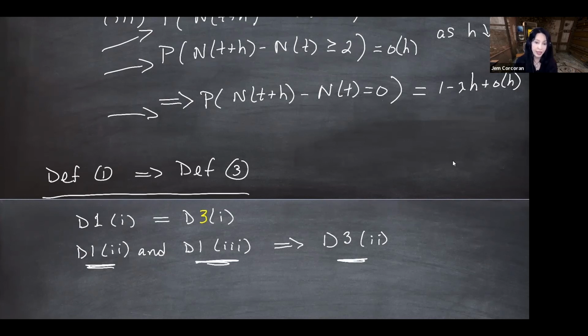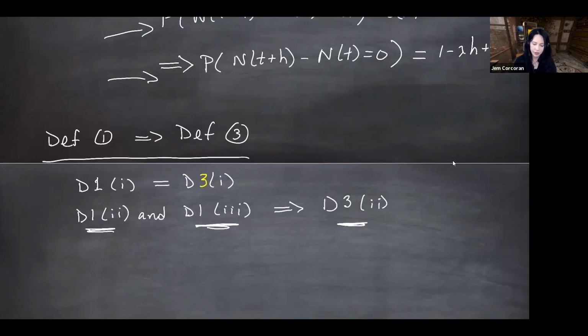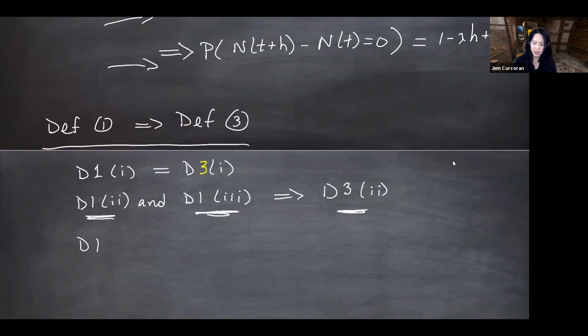And so stationary really came from triple I of definition 1. Right, okay, so we need to get the little o stuff out of definition 1. So definition 1, any part, this is going to imply the o of h stuff.